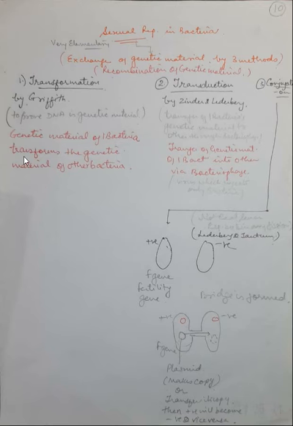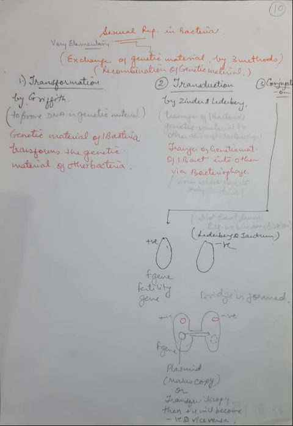In transformation, the genetic material of one bacteria is transformed to the genetic material of another bacteria. Exactly how this takes place is not known, but this method is used to prove that DNA is the genetic material present in the body.